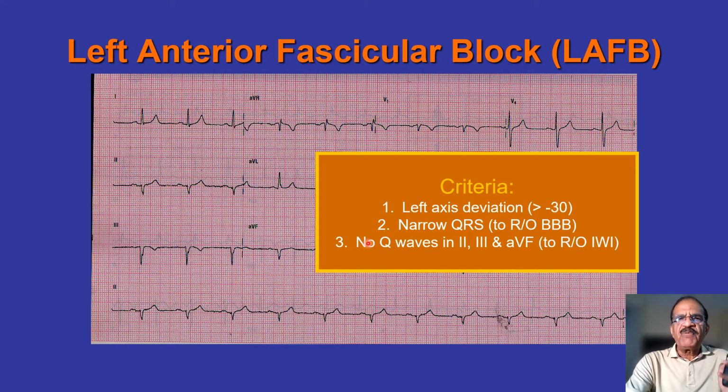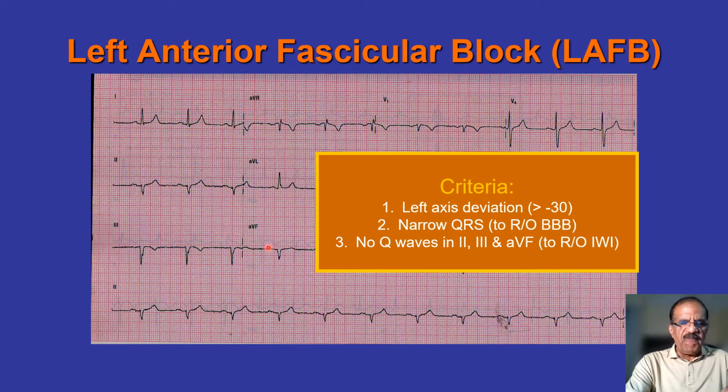Number 1, there has to be sinus rhythm. We have done that. Number 2, there should be left axis deviation more than minus 30, which we will demonstrate right away. I can tell that the axis is more than minus 30, but I'm going to formally demonstrate it. Narrow complexes to rule out a left bundle branch block in this case. And no Q waves in 2, 3 and AVF, we have ruled out also.